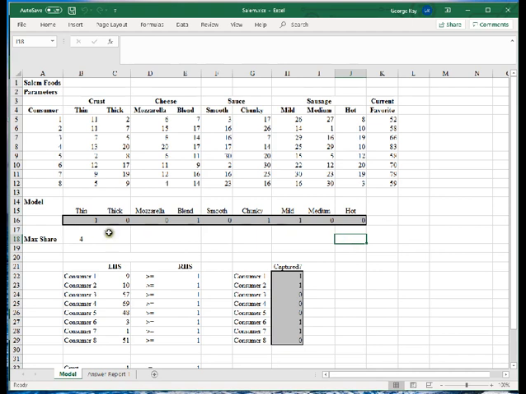And then we can look at maximum share, which is going to be the sum of H22 through H29. So H22 is here, and it's, are we going to capture this particular consumer?